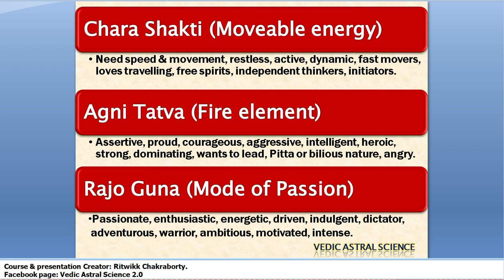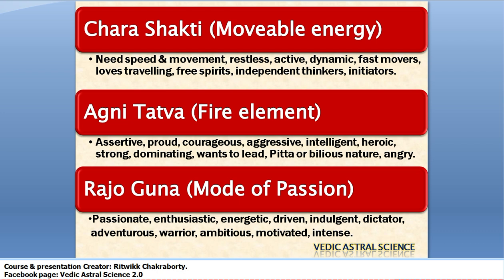Well, Rajogun here is not given by Mars. It is coming from the cardinality or the Shakti of the sign Aries, which is Chara Shakti or movable energy. All four Chara Rasis, which are Aries, Cancer, Libra, and Capricorn, are governed by Rajogun or mode of passion.